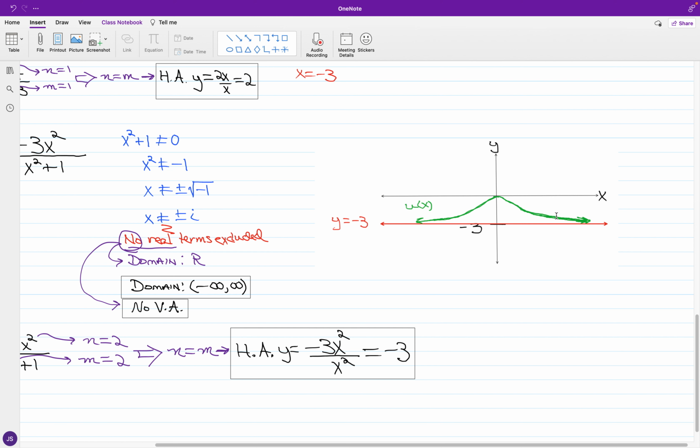Both halves of the graph are going to mirror each other, and the formation is going to be something like what they call a normal distribution curve or a bell curve. So that'll be the formation for this particular rational function, u of x is equal to -3x squared all over x squared plus 1.